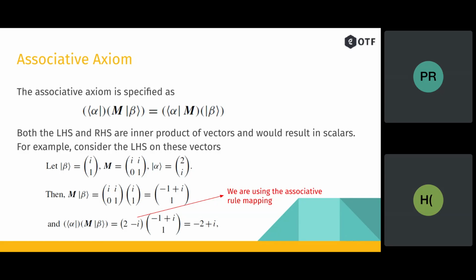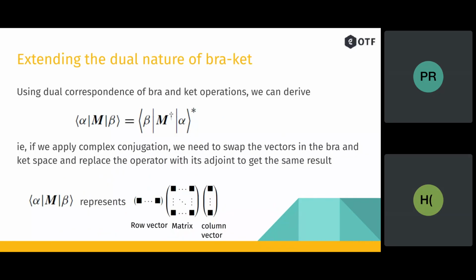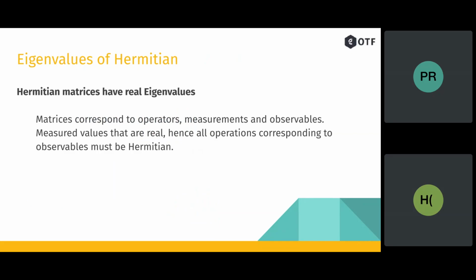So associative applies here, but it applies with some modification, in the sense that at the end of the day you will find that M, which is in the middle, is sandwiched between the bra and a ket, which shows that when you take alpha, beta, and beta alpha, they will be scalars at the end of it, and M will be a matrix, which is the operator matrix.